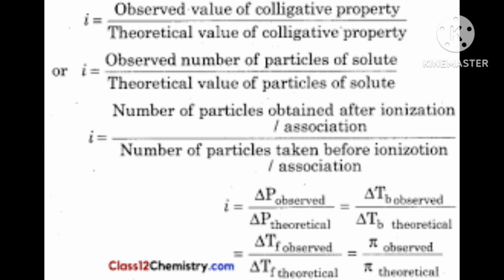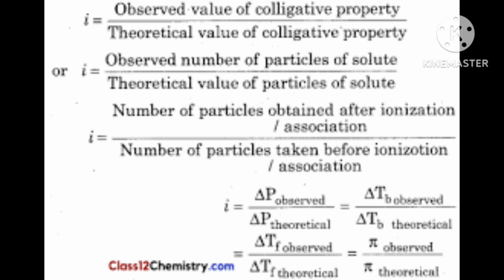Generally, if only water is there, then its molecules will come up above the surface of water, and its vapor pressure will be maximum. But if something is dissolved, then they will block the path of these solvent molecules. It will create a problem for them to come up.